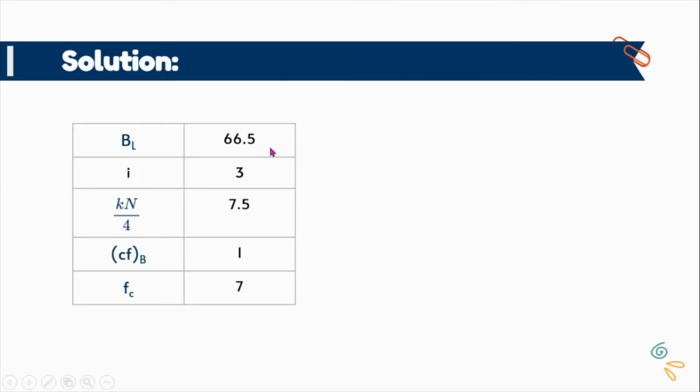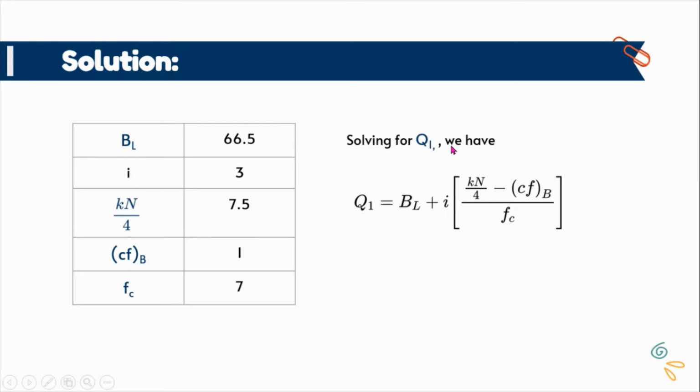Now, since we already have the value of B sub L, which is 66.5, the class size I, which is 3, Kn over 4, which is 7.5, Cf sub b, which is 1, and F sub c, which is 7, we just have to substitute these values in solving for Q sub 1. We have the formula B sub L plus I times the quantity of Kn over 4 minus Cf sub b, all over F sub c.